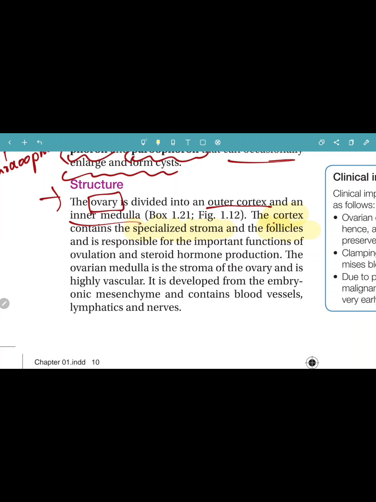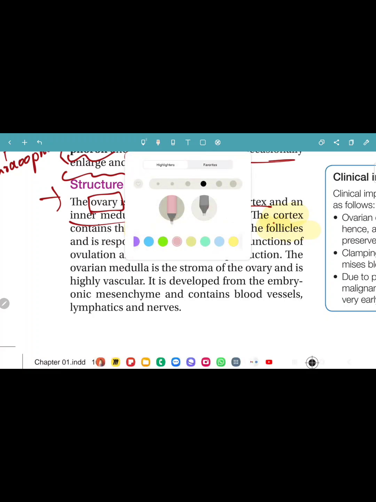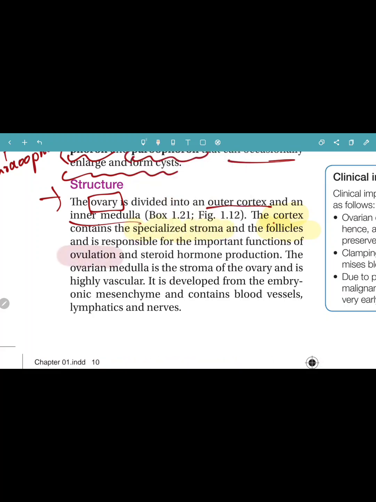The cortex contains specialized stroma as well as follicles and is responsible for the important functions of ovulation and steroid hormone production. So very important for ovulation and steroid hormone production. So the ovarian medulla is the stroma of the ovary and is highly vascular. It is developed from the embryonic mesenchyme and contains blood vessels, lymphatics and nerves.